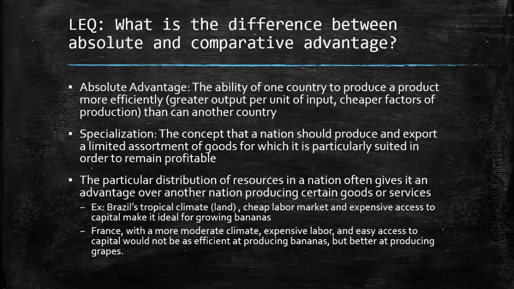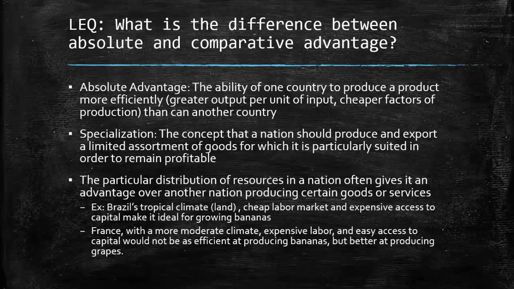A nation should produce and export a limited assortment of goods for which it is particularly suited in order to remain profitable. So let's do an example. Brazil. Their tropical climate, cheap labor market, and expensive access to capital, that is, Brazil doesn't have fancy equipment, makes it ideal for growing bananas.